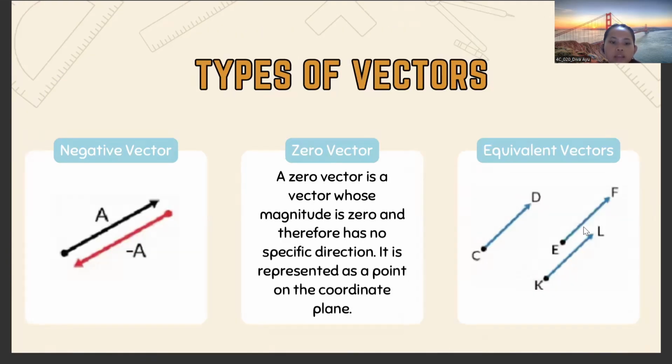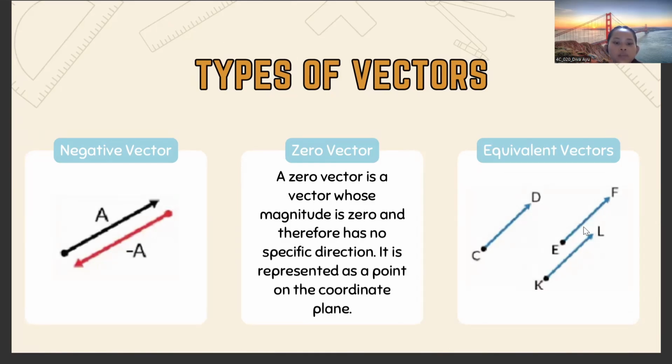Next, types of factor. Now, let's look at some different types of factor. The first type is negative factor. A negative factor has the same magnitude as the original factor but points in the opposite direction. The second type is zero factor.